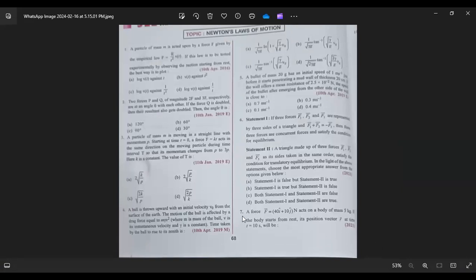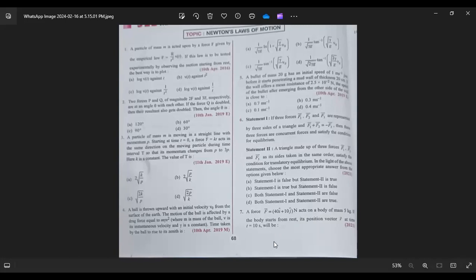Yes. This is your question number 7. Listen carefully. A force F equal to 40i plus 10j Newton acts on a body of mass 5 kilogram. If the body starts from rest, then its position vector r at time t equal to 10 seconds will be. So first of all, read question number 7. A force F 40i 10j Newton acts on the body of mass 5 kilogram.